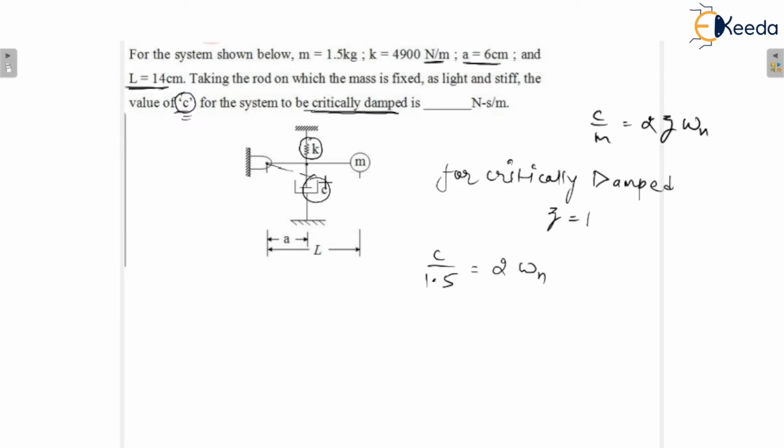So for this we just have to assume that this rod is going to be rotated through an angle theta.